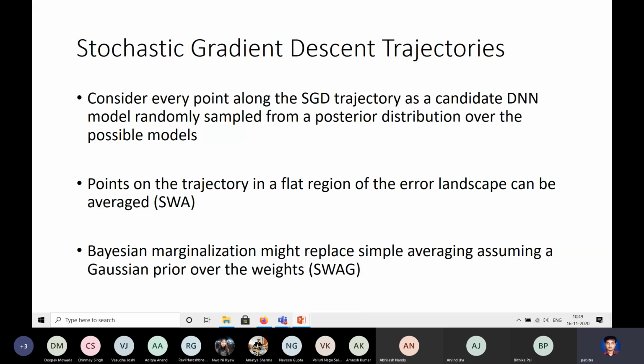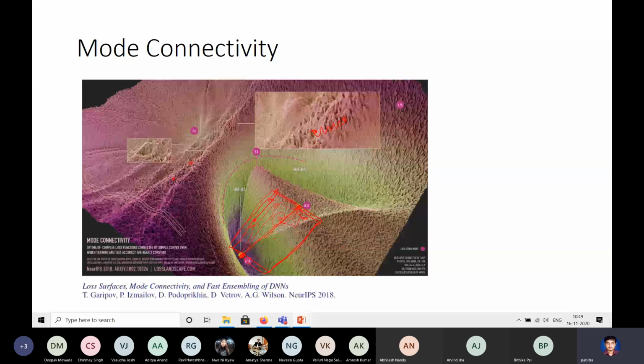Okay, so if we look at the gradient descent trajectory, actually not simple gradient descent, the stochastic gradient descent trajectory, and consider every point along it, this is an error surface, but every point here is a point in the weight space. So if we can fit a posterior predictive distribution, it should give a high value here, because this is a minima of the error surface.